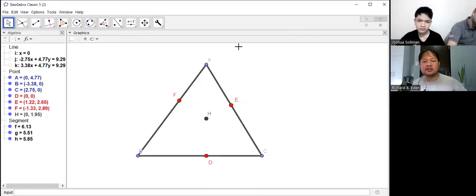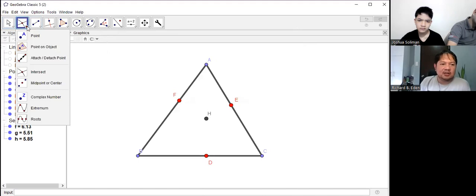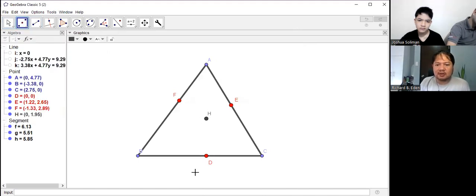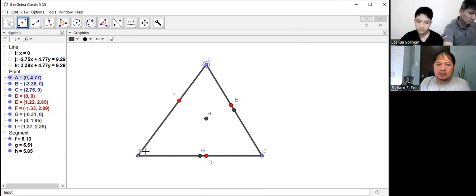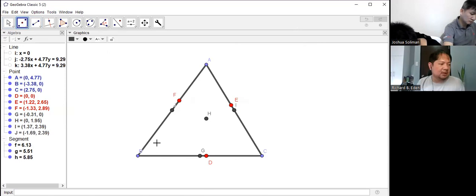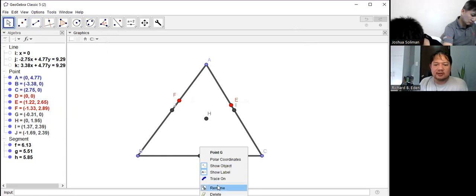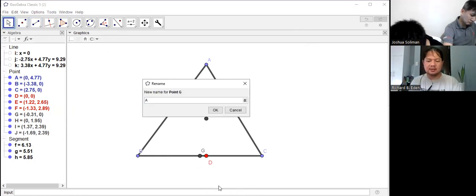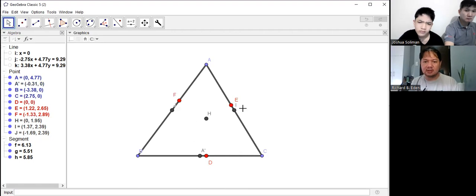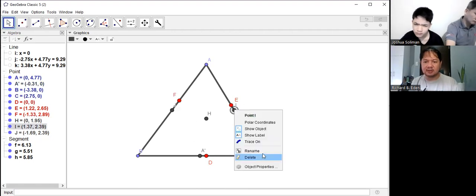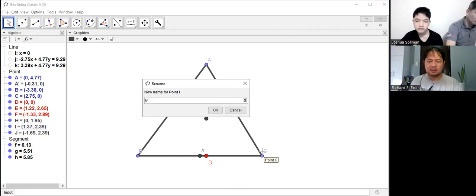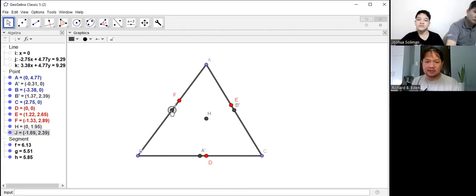And then now let's consider the midpoints of the three sides. So this midpoint, let's call this A prime, then B prime, and then this is C prime.